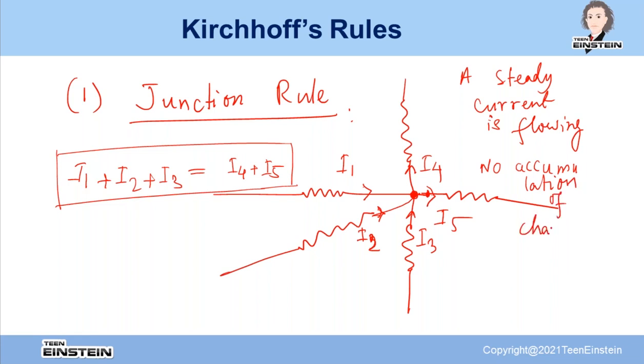So according to conservation of charge, this junction is neither creating nor destroying any charge. Whatever charge is entering has to flow out. Otherwise there will be accumulation, and then the steady current condition will not be satisfied. In any circuit, charges always flow.